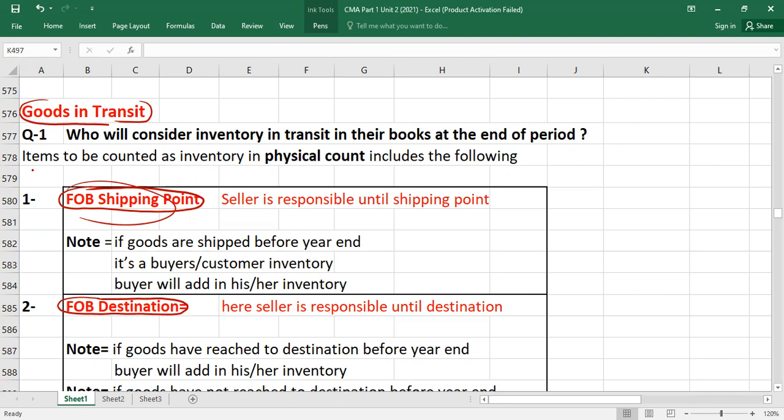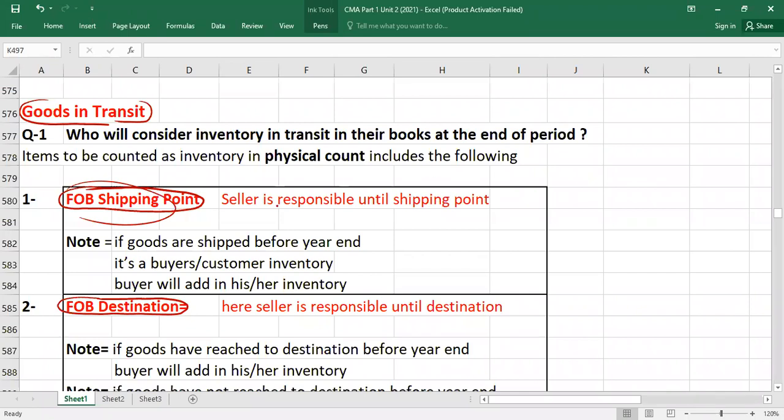It means even if these goods are in transit at the end of the year, it is the inventory of the customer. Understood? Whether it has reached or not doesn't matter. The matter is when risk and rewards are transferred, and that is at the time of shipment, when the supplier delivers the goods to the shipping company.